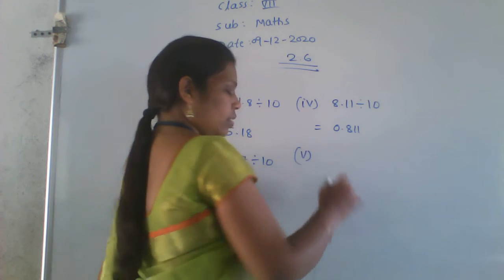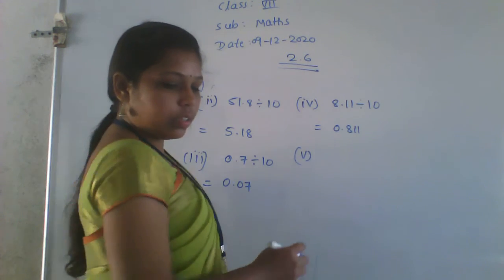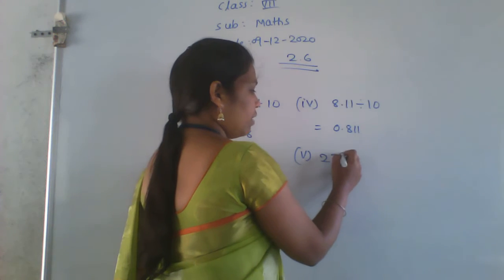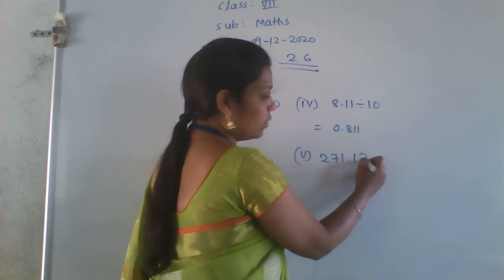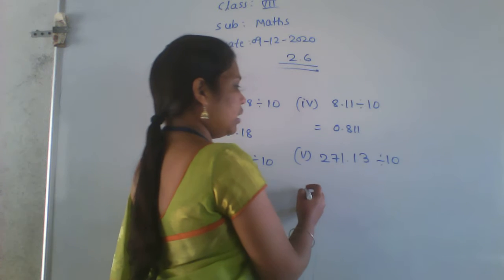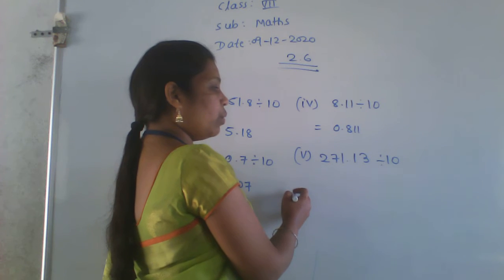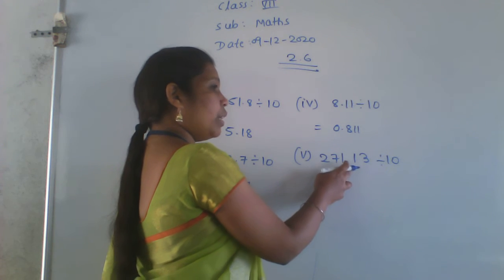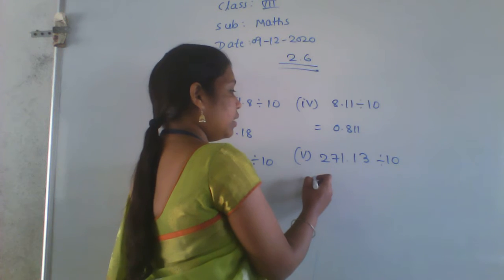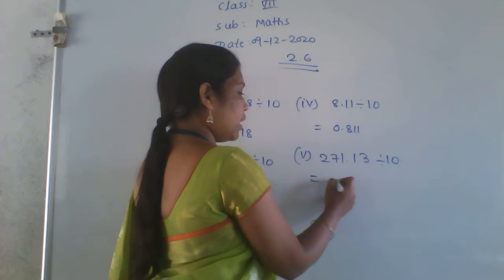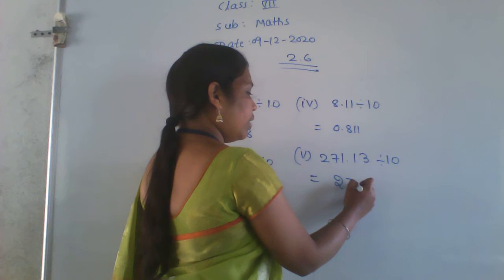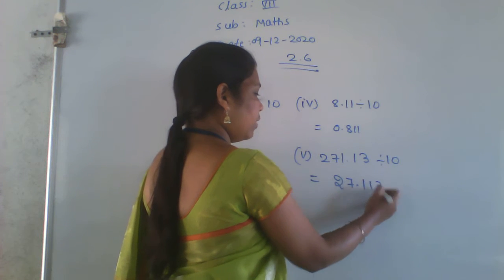Fifth one, 271.13 divided by 10. That is nothing but 27.113.